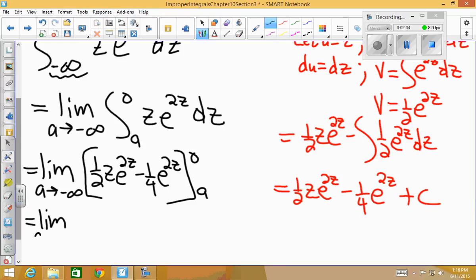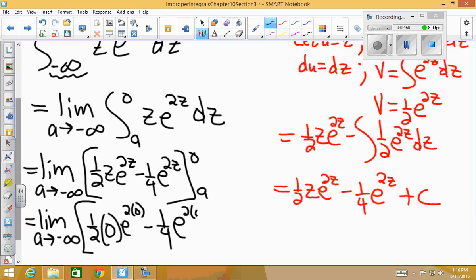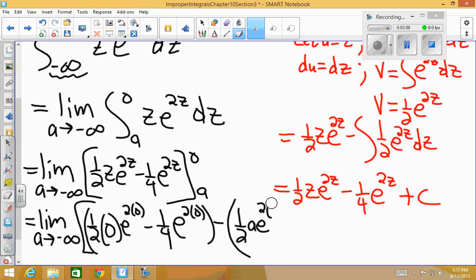The limit as a approaches negative infinity, 1/2 times 0 e to the 2 times 0 minus 1/4 e to the 2 times 0, minus, then we substitute in a, so 1/2 a times e to the 2 times a, minus 1/4 e to the 2 times a.